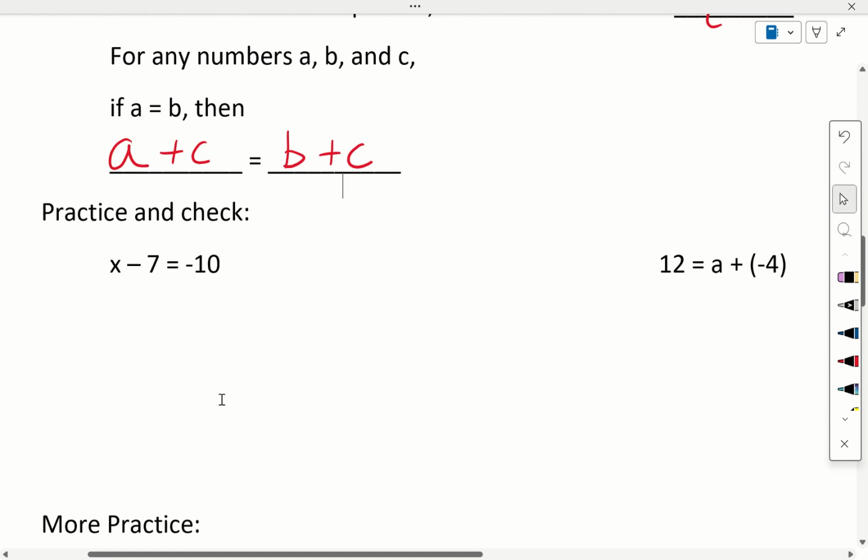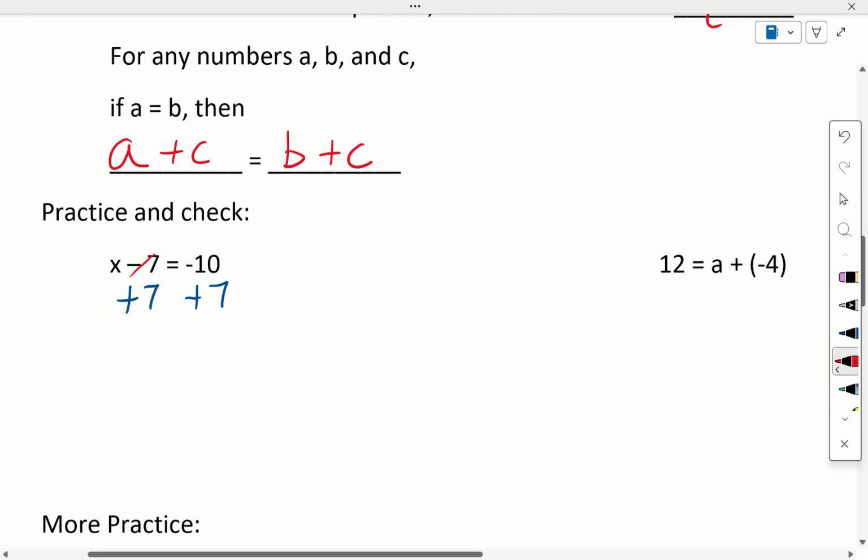We can practice this. We're also going to check both of these this time. Here we have x minus 7 equals negative 10. So we want to get the x by itself. What's on the same side of the equation as the x? We're subtracting 7. So the inverse of subtracting 7 is adding 7. You want to turn that negative 7 into a 0. If we add 7 on the left, we have to also add 7 on the right to keep that equation in balance.